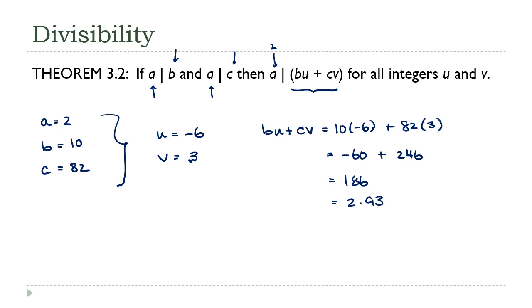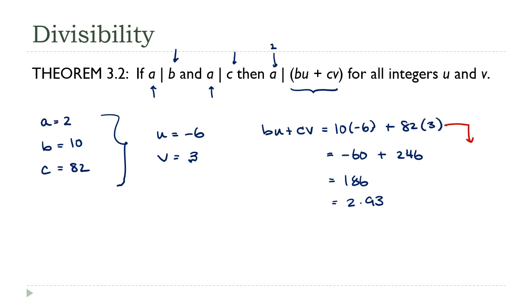Now, why? Let's see if we can narrow this down a little bit, in a way that's going to point us towards what we're going to do in the proof. I want to jump back up to this original row. I can pull a 2 out of this. Remember, I'm trying to show that it's divisible by 2.